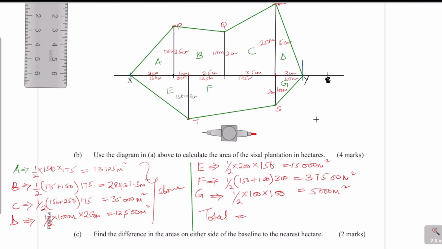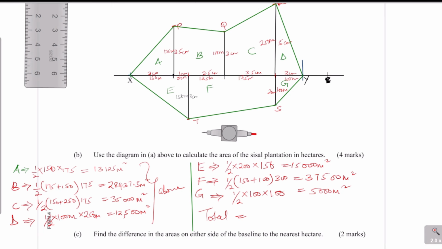So 13,125 plus 28,437.5 plus 35,000 plus 12,500 for these offsets.